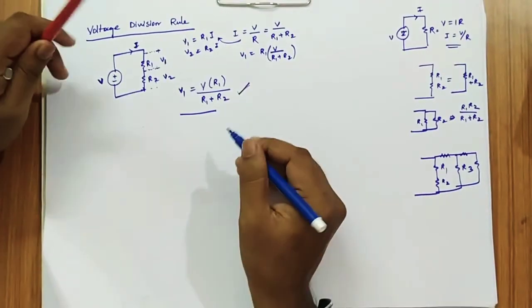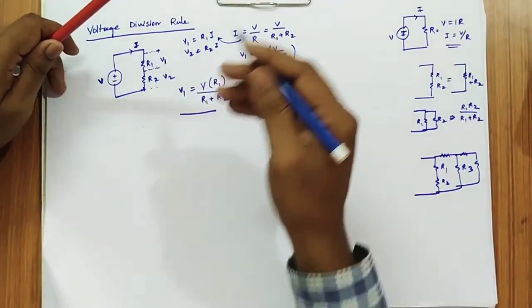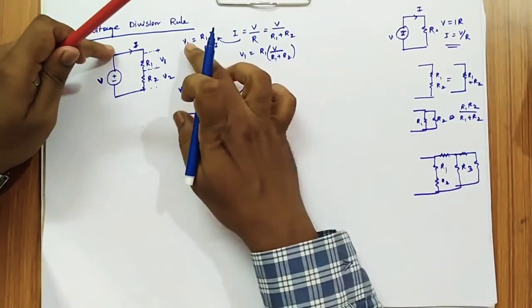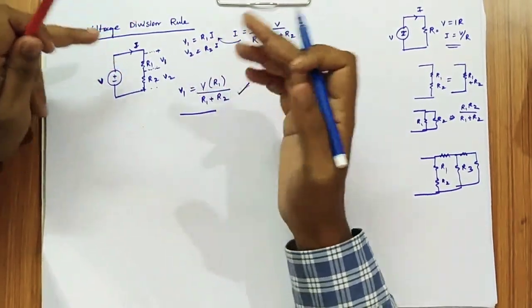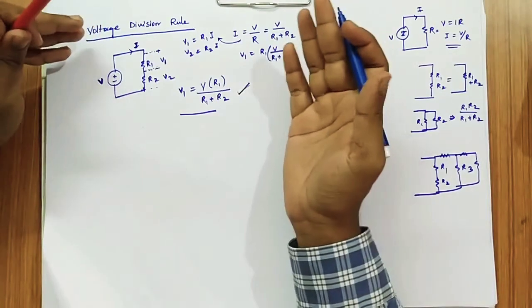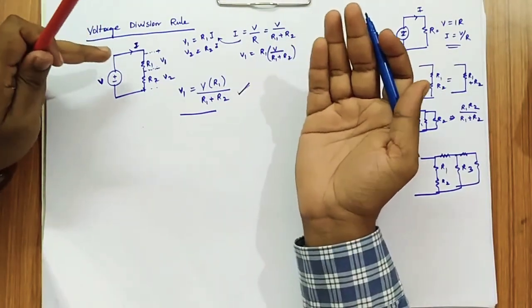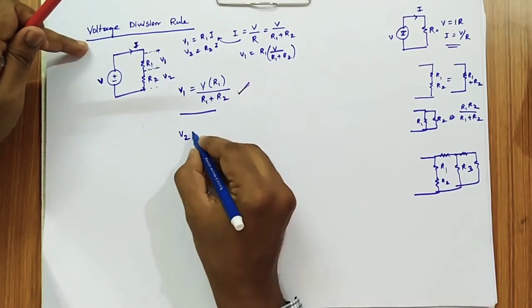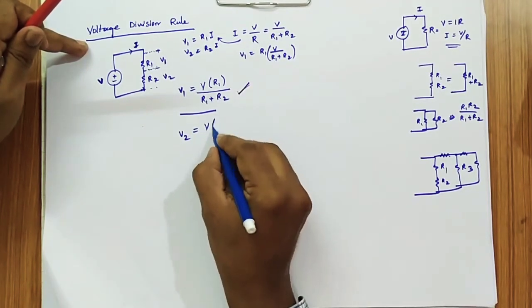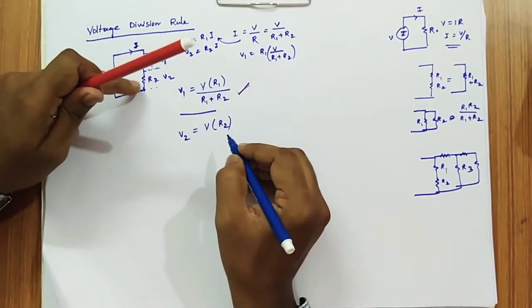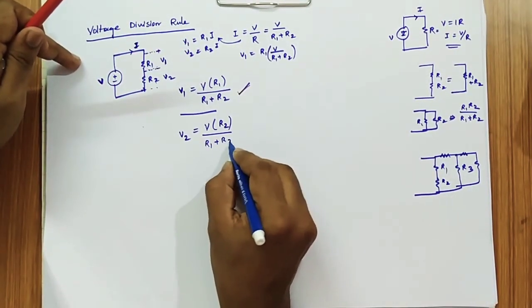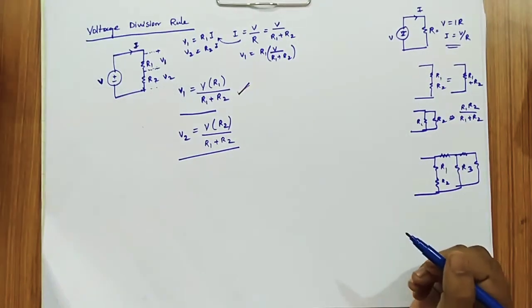Every time you don't need to find the current and then V1 equals R1 into I. Simply, the voltage across R1 is this. Similarly, the voltage across R2 is supply voltage V into R2 by R1 plus R2. These are the basic things you need to know.